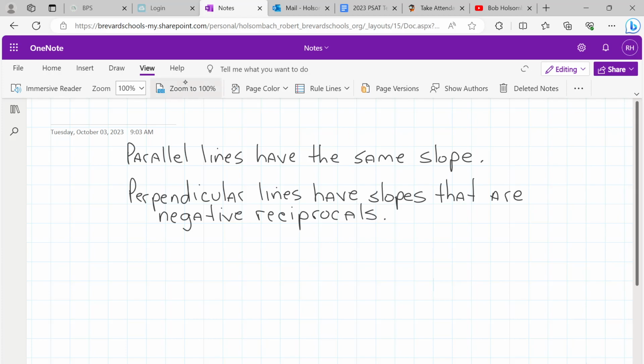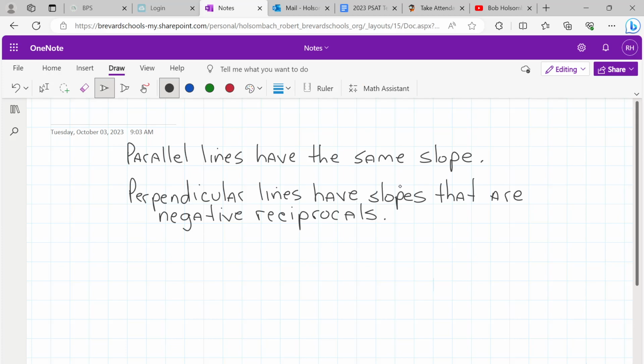Parallel lines have the same slope. Perpendicular lines have slopes that are negative reciprocals.